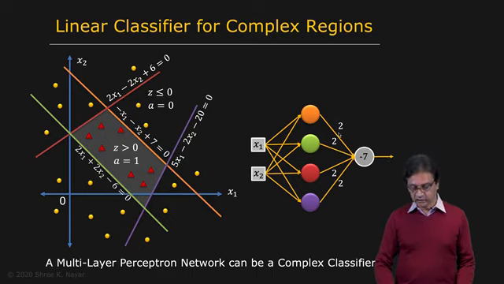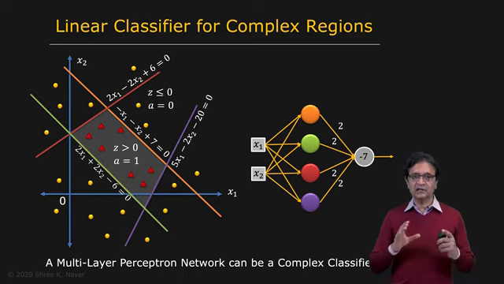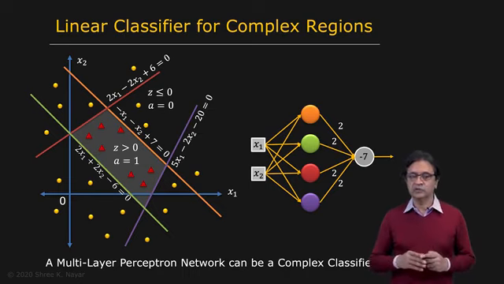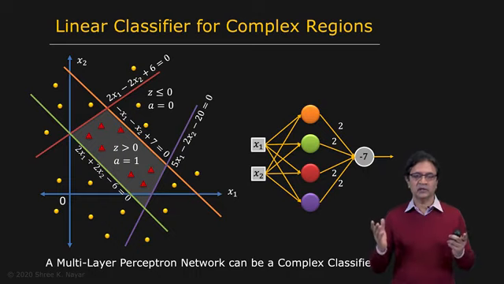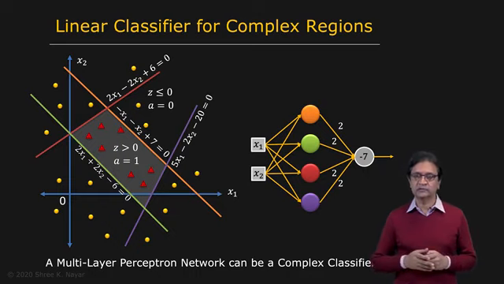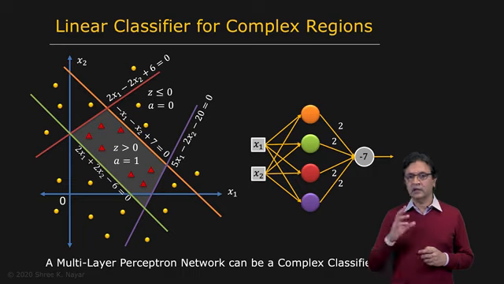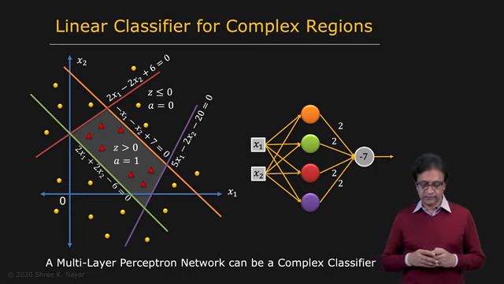That's using these weights and this bias, for instance. You can use other weights and biases to do the same. So that's how you can create a linear classifier for a more complex region. I'm showing this in two-dimensional space, but this could be in any number of dimensions. That's, in principle, what a perceptron network does for you.